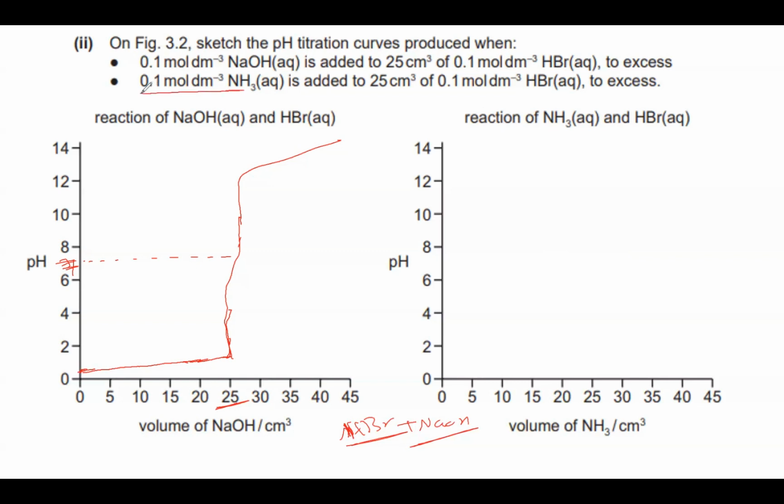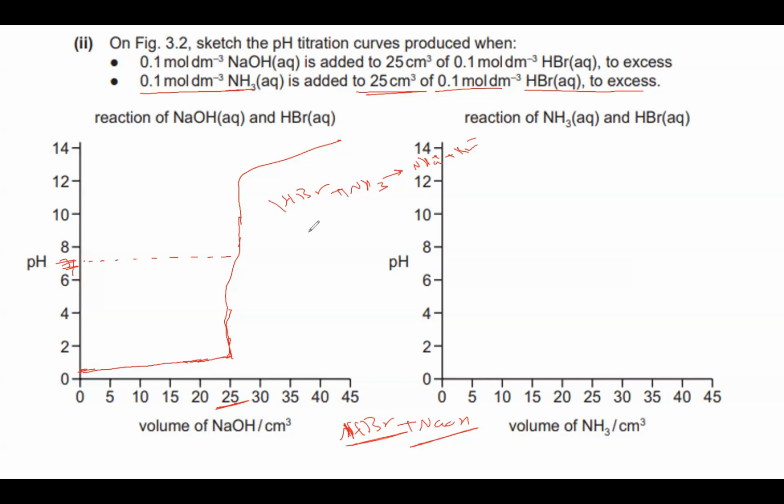0.1 mole per decimeter cubed of NH3 is added to 25 cm³ of 0.1 HBr to excess. Now we are adding NH3, exactly the same scenario. We know that HBr reacts with NH3 in a 1-to-1 ratio to give us NH4 plus Br minus.